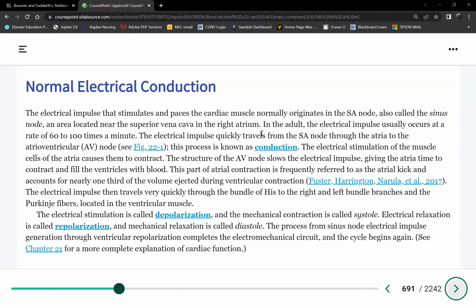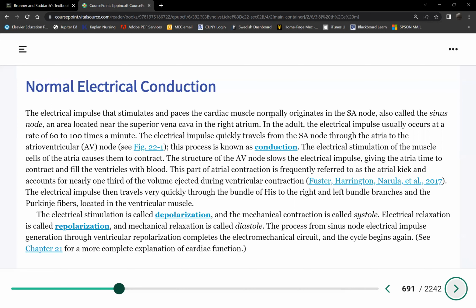Let's review first the normal electrical conduction. Let's look at what we are looking at when we are monitoring somebody's cardiac monitor or on a 12-lead ECG, for instance. Okay. Now, there are certain terms here, and let's look at first how our heart works.